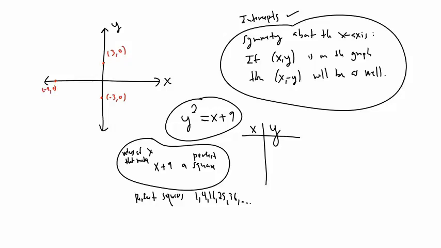To get 1, we use x equals minus 8. And this would make y equal plus or minus 1. So for example, this is a solution to the equation. Minus 8 comma 1.